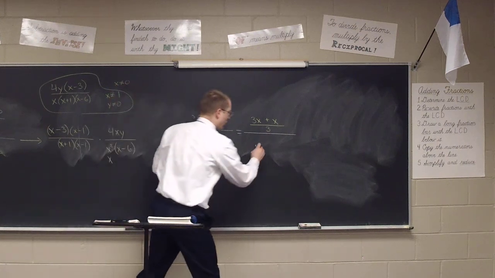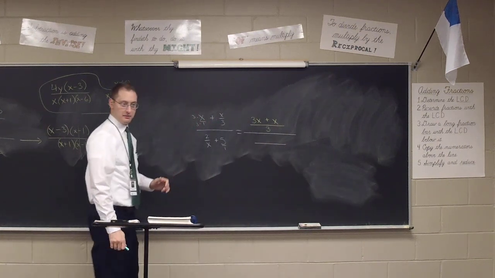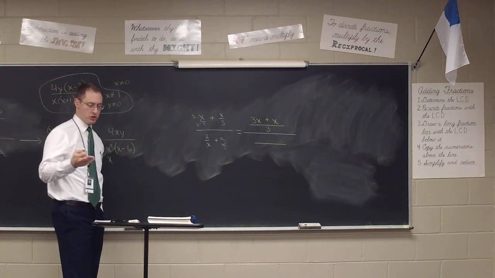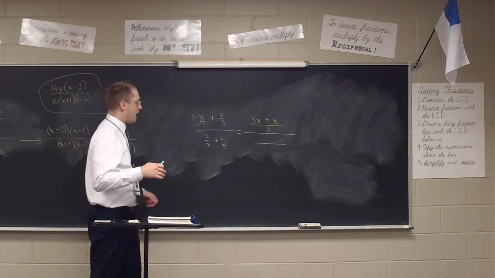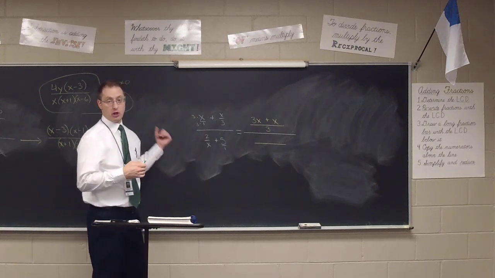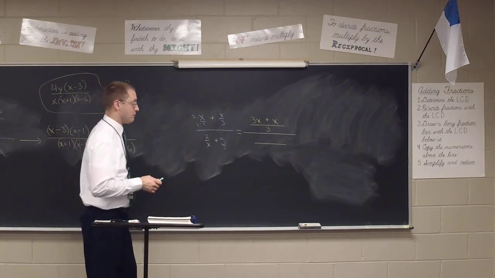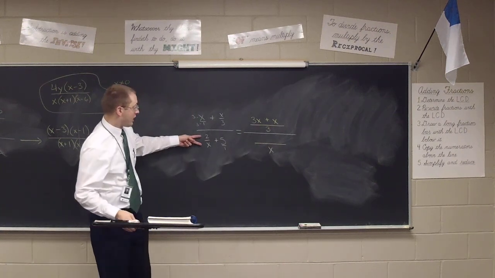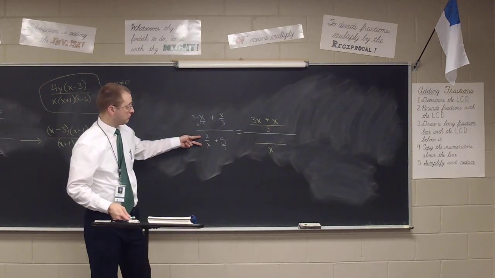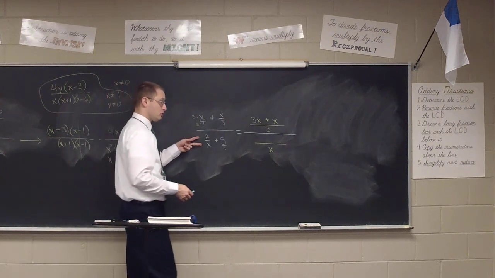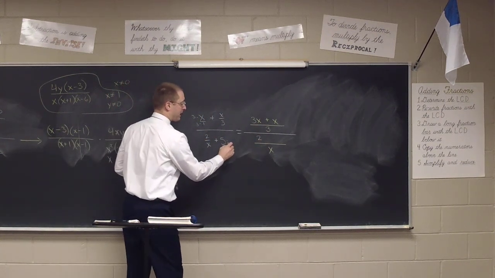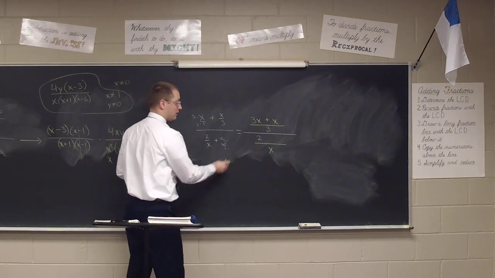So again, I need to draw one sort of long line. You want your main fraction bar to still be the longest one, just so it's a little easier to see what we're doing. And the common denominator that goes under that line, class, is going to be x. And so with the first fraction, what do I do? Nothing, just copy down the 2. But for the next fraction, I'm going to need to multiply top and bottom both, class, by x.